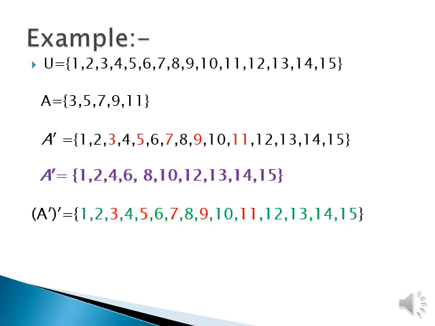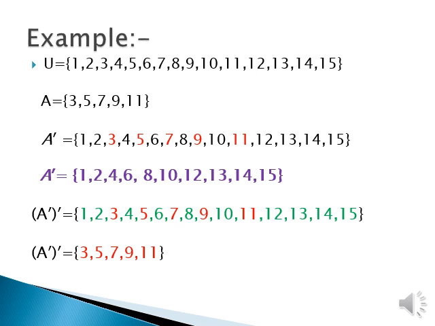First we will write all the elements of the universal set. Now out of these, the elements which are present in the A complement set I have written in green color. So it means the complement of A complement, we are not going to consider A complement elements. That is, these green numbers we are not going to consider. Therefore, the final set will be complement of A complement equals 3, 5, 7, 9 and 11.